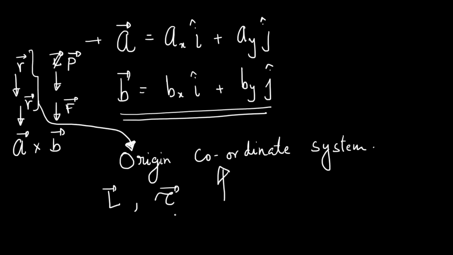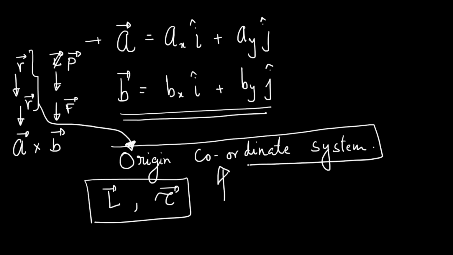Just want to tell you that these two will depend upon what your coordinate system is. And the other thing that I told you before, I want to reiterate: when you're doing a problem, you do this calculation, but stick to the same coordinate system.